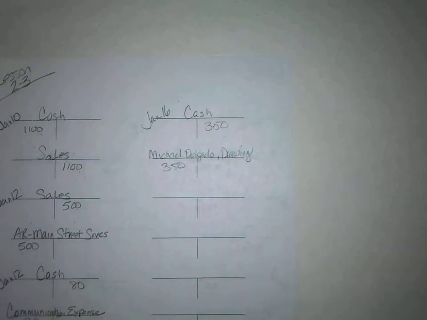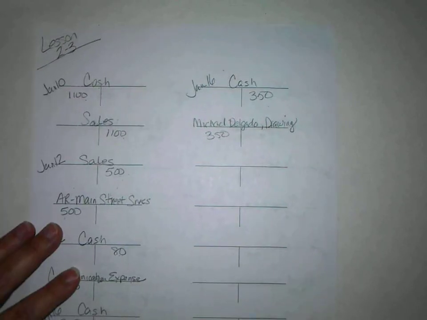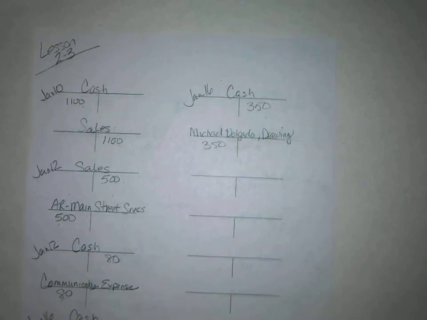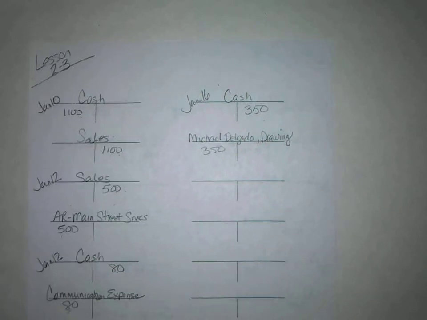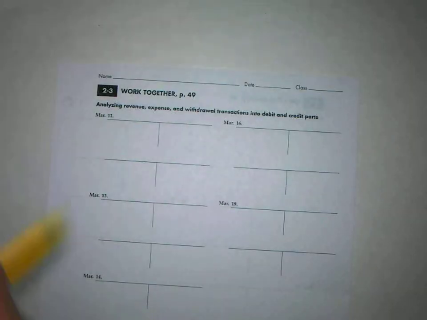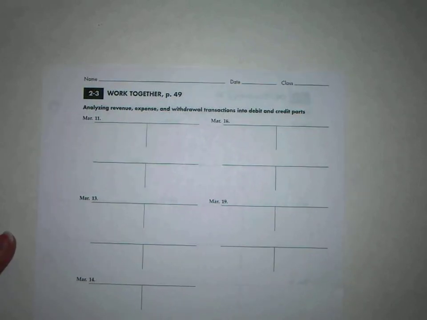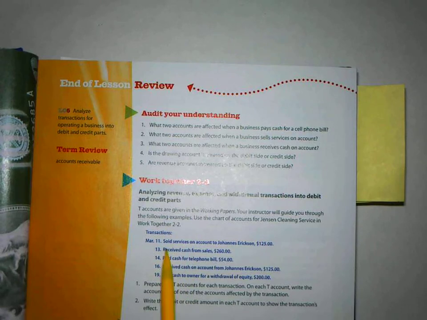Okay, so that gives you some practice on looking at those transactions. Go through a few more on the working together 2-3. This is a lot of practice, so I'm hoping you got this down by the time we get through this next one right here. All right, working together 2-3.